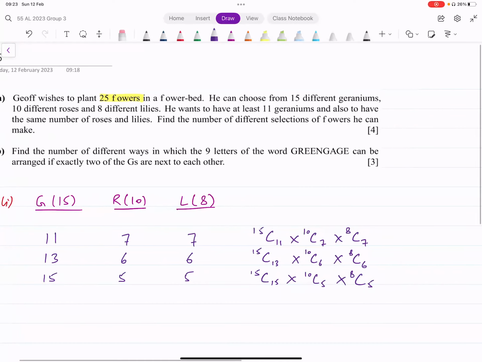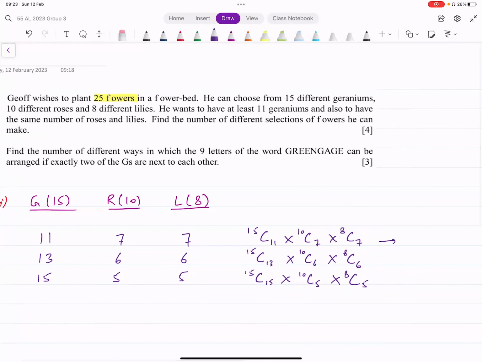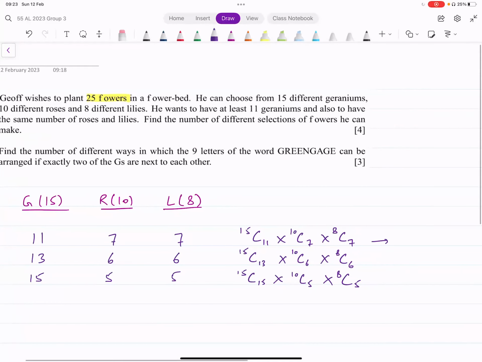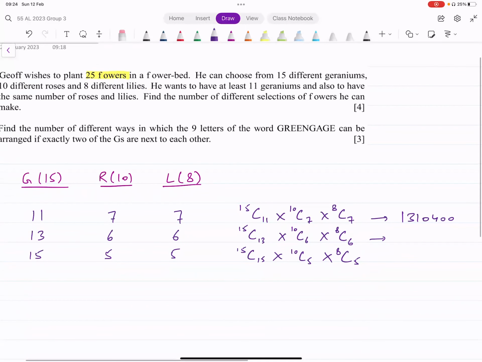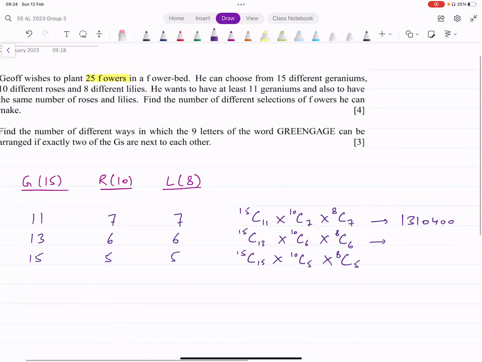Now, what do you get from each of these cases? First up, आपके पास क्या आता है? 1310400. That's the first possibility that we have. What about the second one? 617,400.